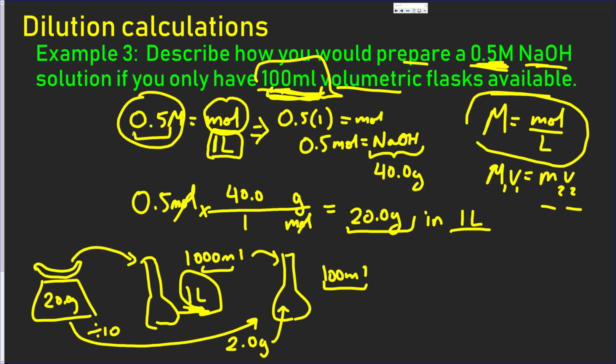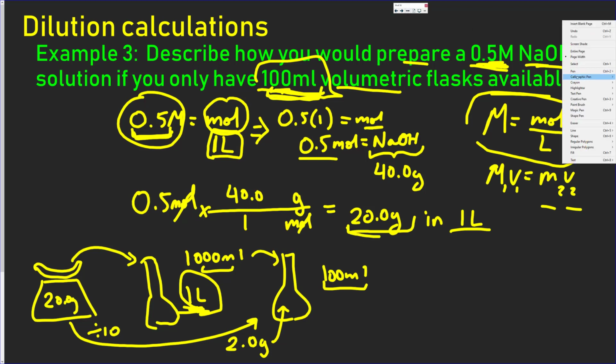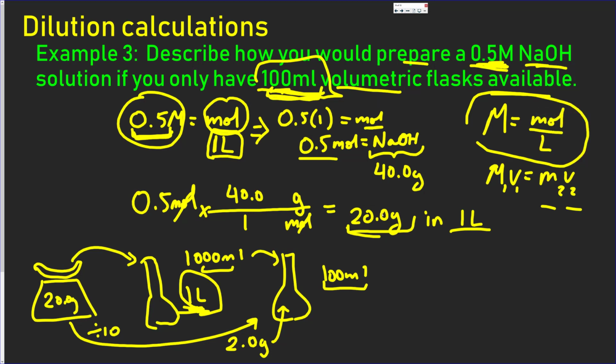First off, I'm given 0.5 molar, and I calculated the number of moles, which is 0.5 moles of NaOH. With these moles, I can convert to grams. Remember, this is all based on grams for 1 liter. So 20 grams in 1 liter will get to 0.5 molar.